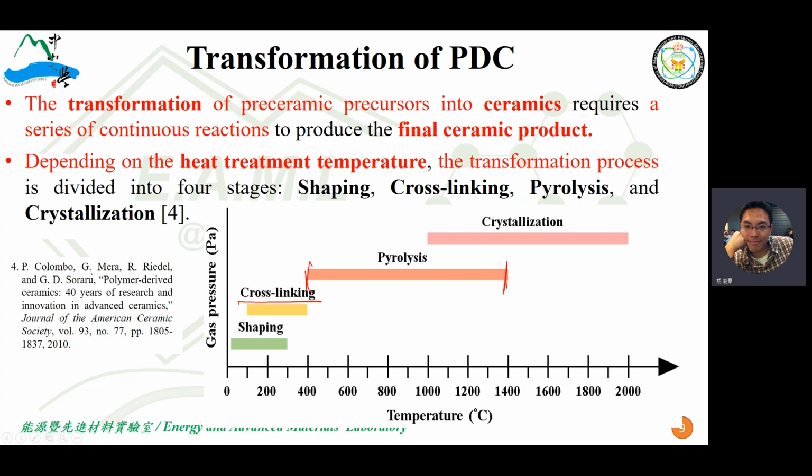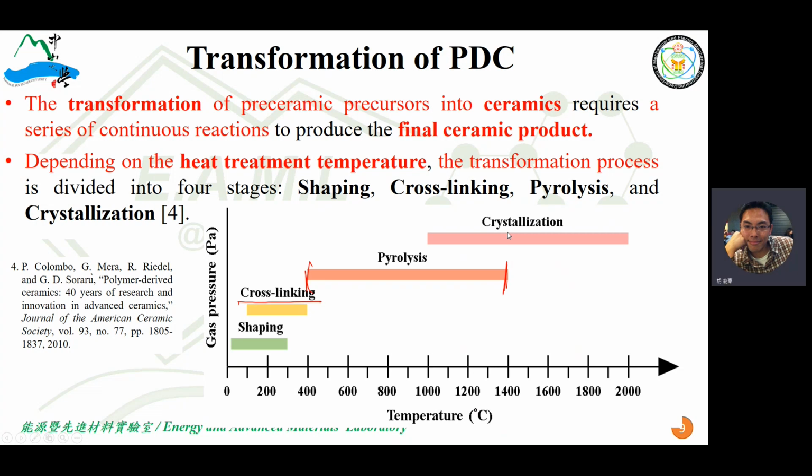During this pyrolysis, its PDC structure is still amorphous. Well, it depends on what kind of bond, as I already mentioned on the previous slide: silicon oxygen, silicon carbon, or silicon nitrogen bond for those pre-ceramic precursors.